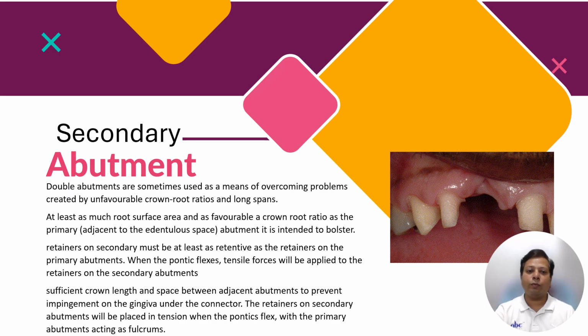So the retainers on the secondary abutment must be at least as retentive as those on the primary abutment, as when the pontic flexes they will apply more tensile forces on the secondary abutment. So a sufficient amount of crown length and space between the adjacent abutments should be considered to prevent any impingement on the gingiva under the connector area between the primary and the secondary abutment.